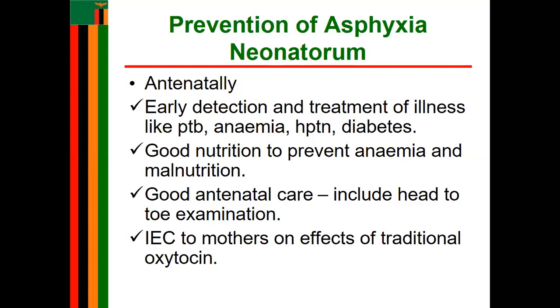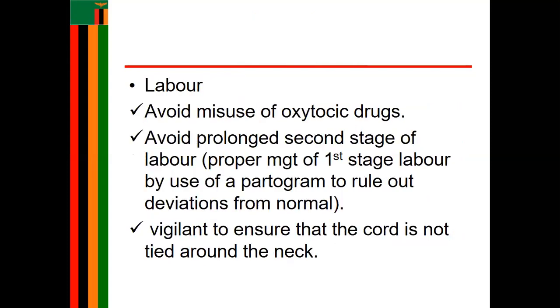IEC to the mother on effects of traditional oxytocin. So many women would prefer use of syntocinon medication so that they deliver fast, but this may predispose a child to asphyxia. And apart from that, during labor, you may also avoid misuse of oxytocic drugs, because oxytocic drugs may even cause asphyxia if they are misused.